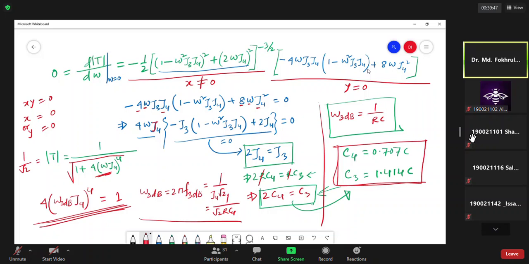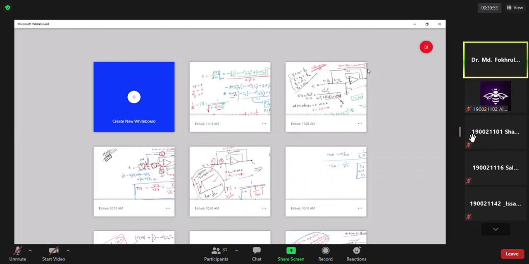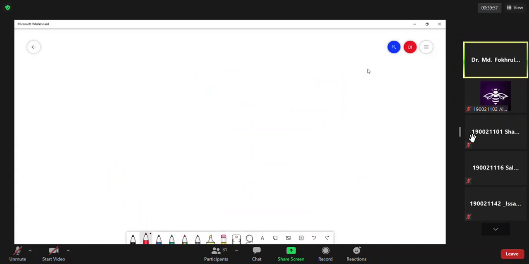So in order to get the low pass filter, we should have this capacitance value. And if we find this capacitance value, then the circuit will be changed accordingly. The circuit will look like this.